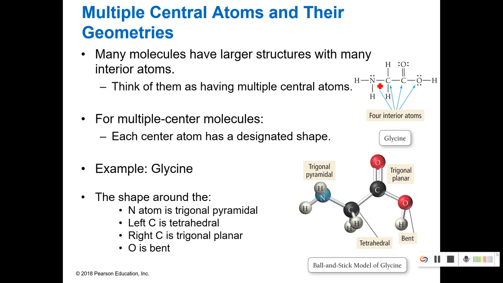Okay, so I've got 1, 2, 3, 4, 5, 6, 7, 8 single bonds and 1 double. Okay, remember, all bonds have sigma bonds, so there are 9 sigma bonds. And then anything on top of the double, so there's 1 pi bond, because there are 10 bonds total in this drawing.